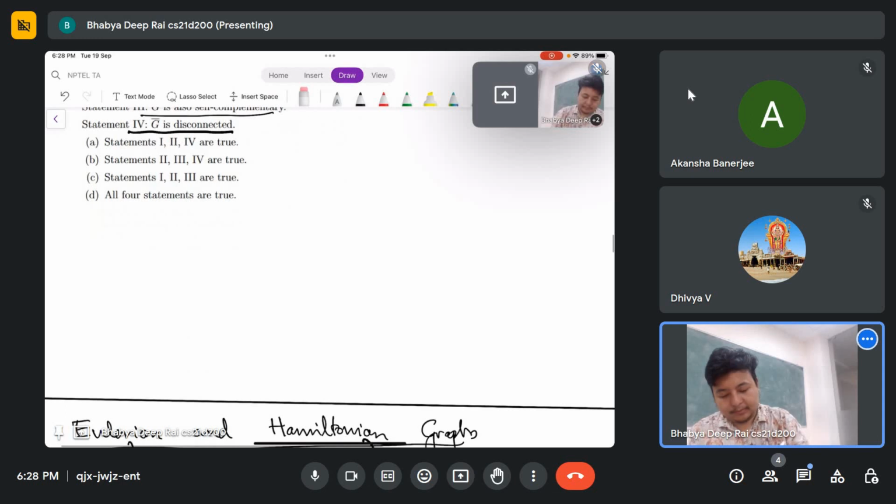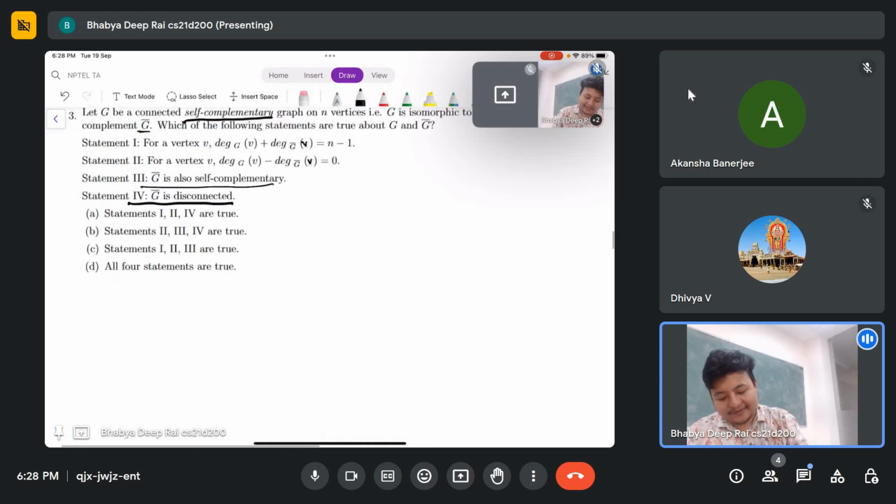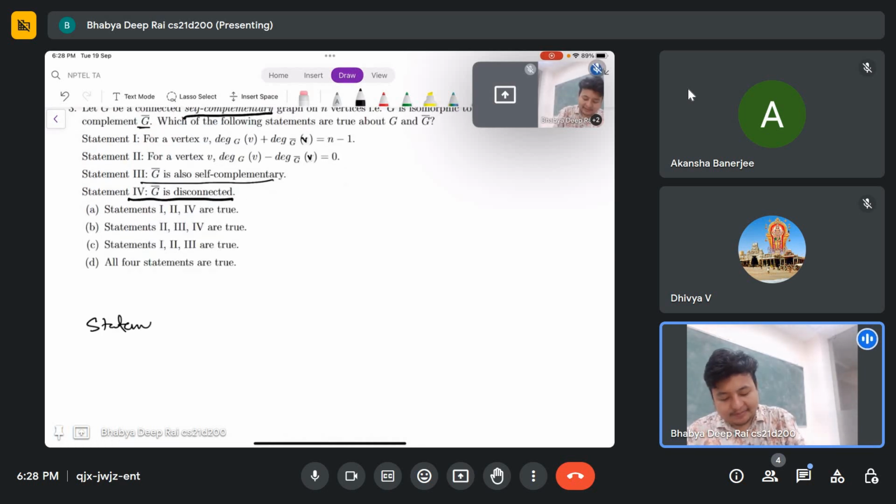Let's see what the correct answer is. Let's check the first answers. Statement 1: for a vertex, the sum of the degrees of the vertex in its complement and in itself is n minus 1. Let's see.